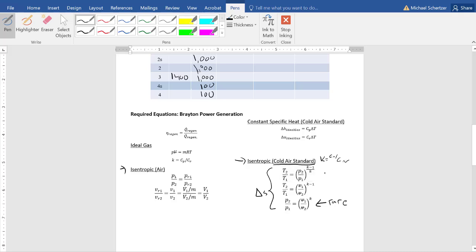Now, if it's an open system process, then you're usually going to know the pressure ratios. So here, I use this particular expression if we're talking about a Brayton cycle or a turbojet engine. And I use this particular expression if I'm talking about an Otto cycle or a diesel cycle.